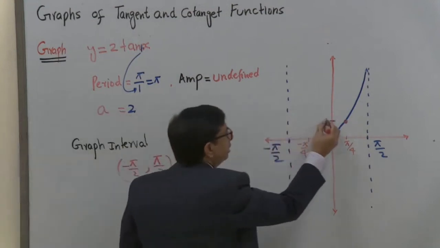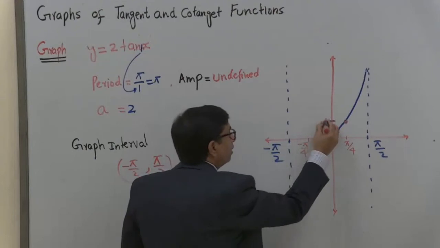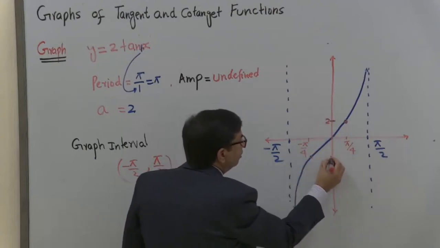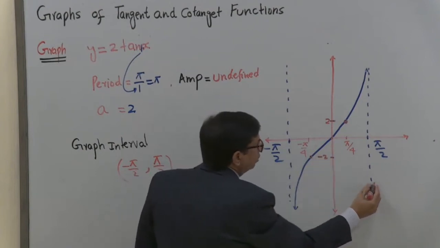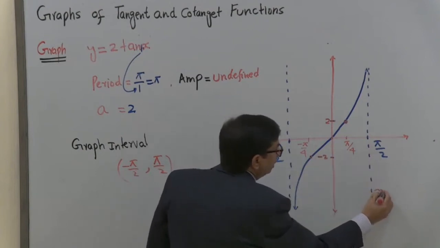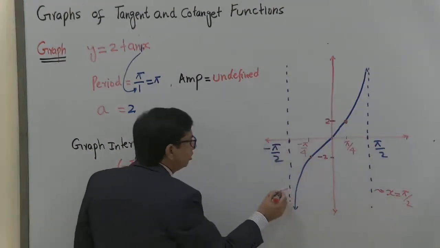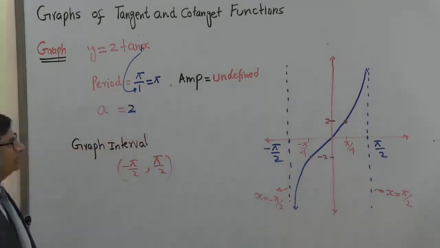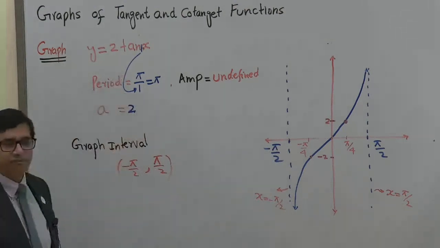This is the a basically. And same thing is over here, directly under this one, you have a point, this is negative 2. This is asymptote. And if you want to write the equation, asymptote is x equals pi over 2. And this asymptote is x equals negative pi over 2. This is a graph for y equals 2 tangent x.